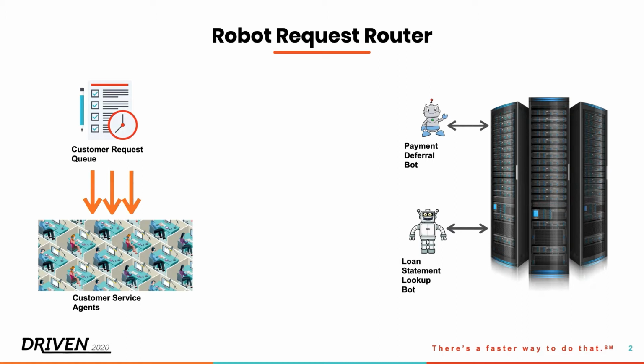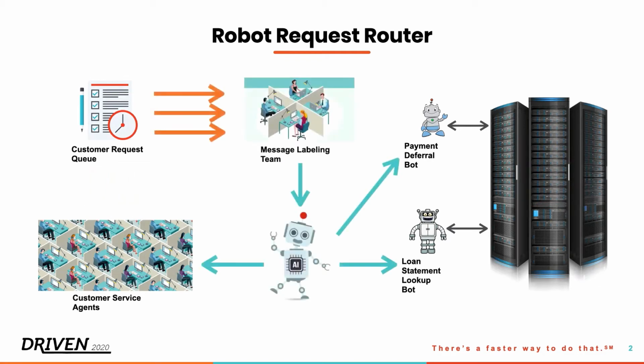Now, what you have to do here is really 2 things. First, we want to be able to leverage these RPA bots to automate the processing of payment deferrals and statement reprints. But then also, we want to teach our robots to understand these customer requests so that they can separate out the requests that we can automate from the ones that need to be handled by a human.